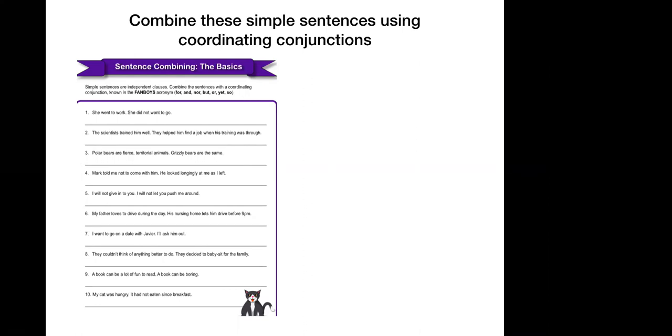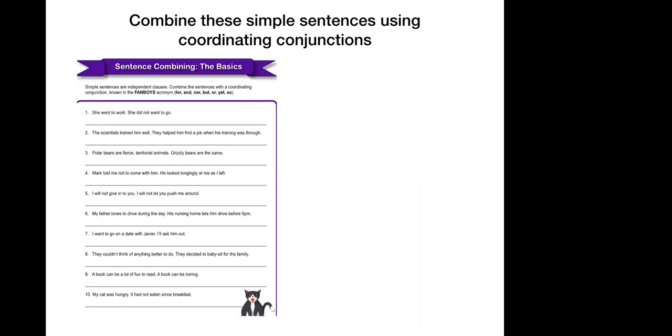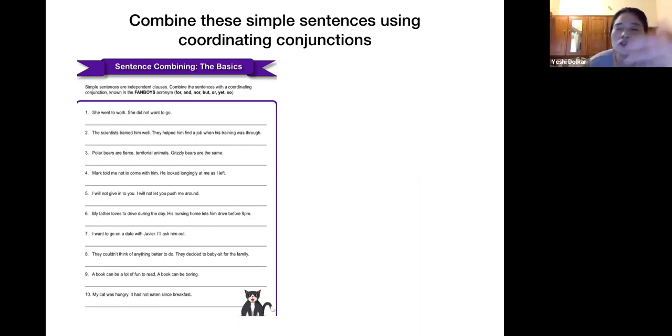All right. So the scientist trained him well, and when he finished, they found him a job. They helped him find a job.